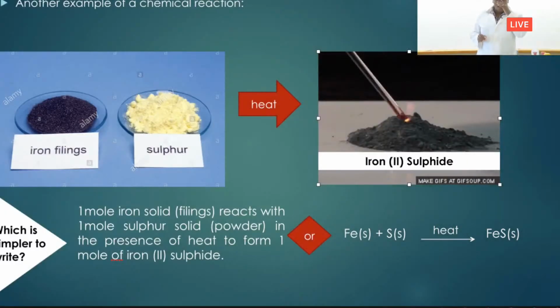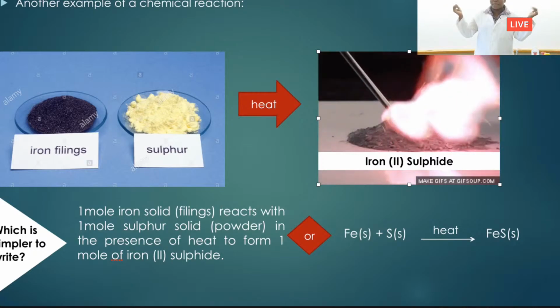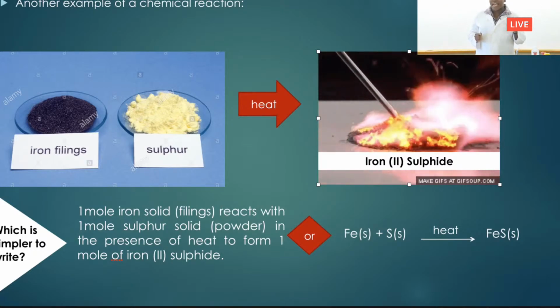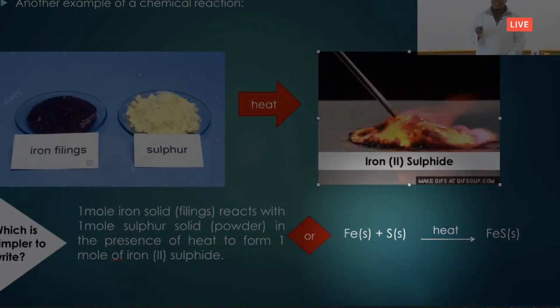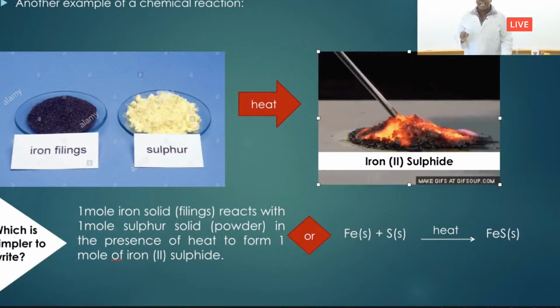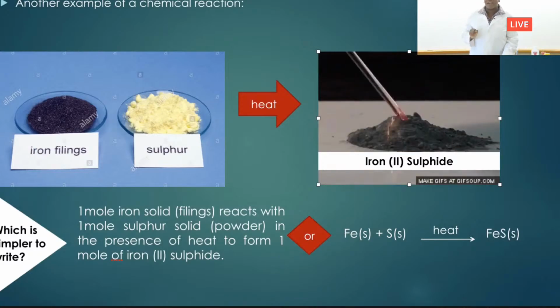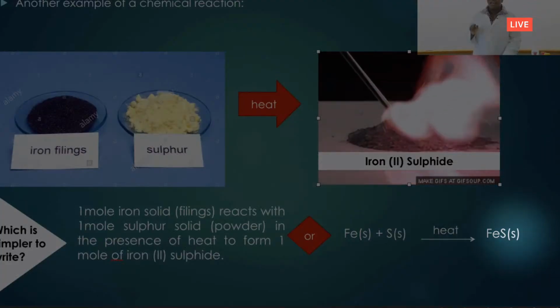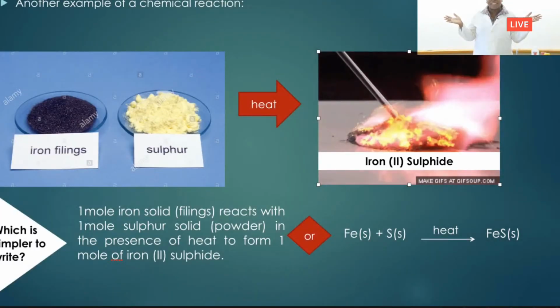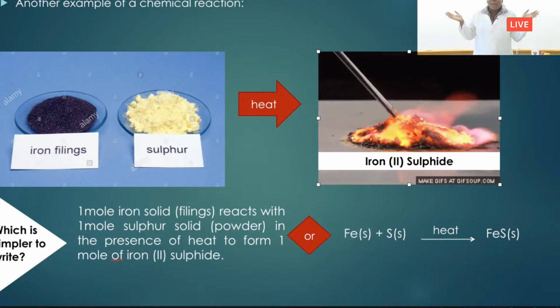So the irons are balanced. Let's look at the sulfur now. On the reactant side, how many sulfurs? Just 1, no number. On the product side, sorry, just 1. So this equation is like the easiest of them all. It's just naturally balanced. Good job.